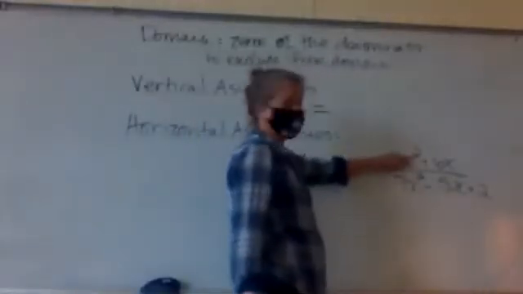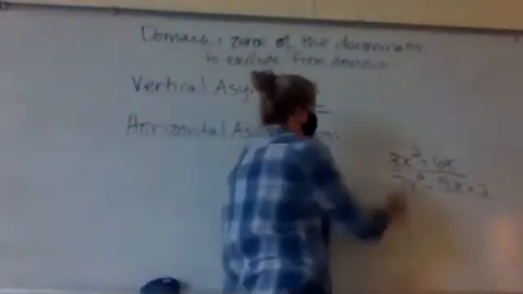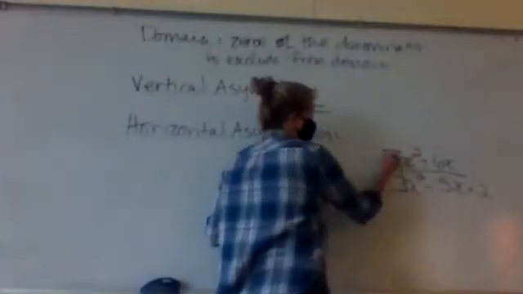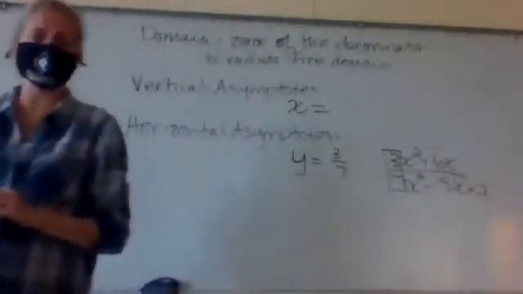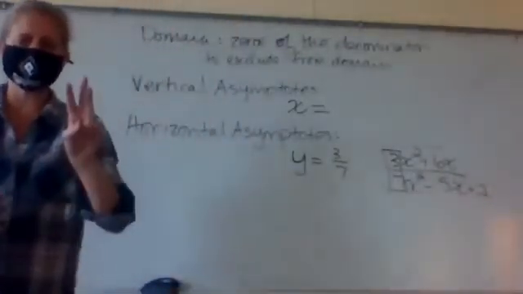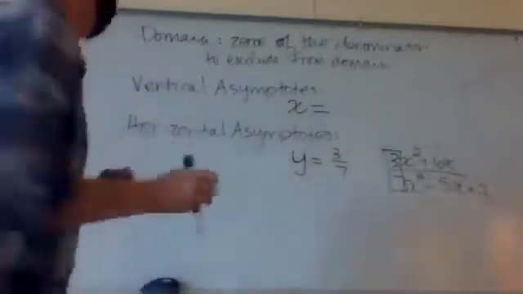If this was your function and your degrees were equal, they were both 2, that means your leading coefficients would be what your y equals would be. So this one would be at y equals, that's where your horizontal asymptote would be, which would be the leading coefficient of the top over the leading coefficient of the bottom. So those are your 3 options for horizontal asymptotes.